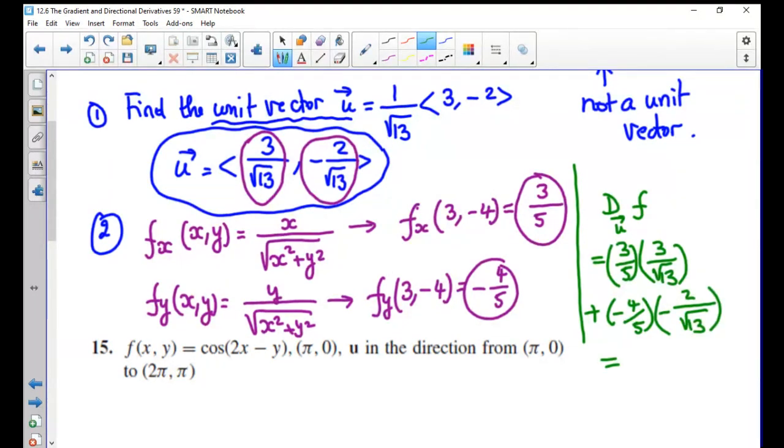You do these calculations and you can complete that. Basically the first one will give you 9 plus 8, so it's 17 over 5 square root of 13, like this.